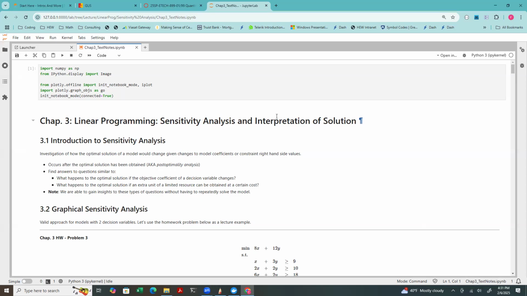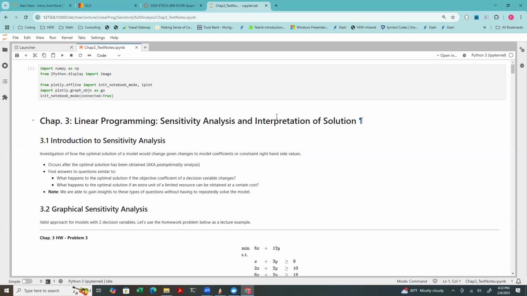Let's take, for instance, the objective function. When you're forming an objective function, some of the things we've seen are that the coefficients are things like per unit cost, or per unit profit contributions. But what if one of those objective function coefficients may not be known with complete certainty?